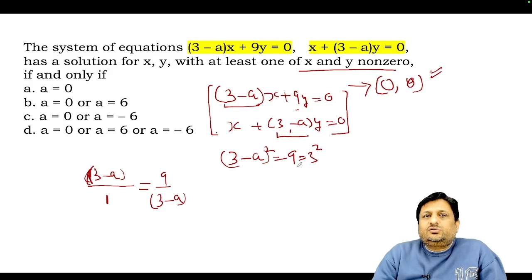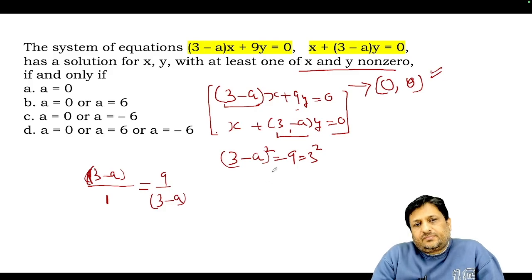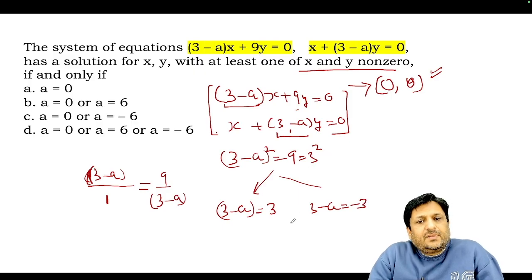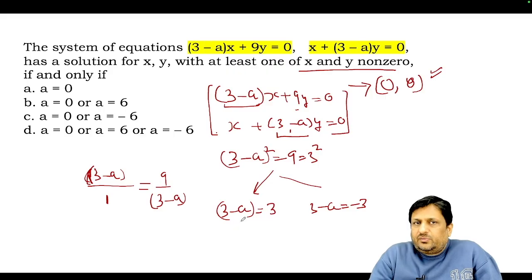So we can deduce two things from here. Maybe 3 minus a is equal to plus 3, or 3 minus a is equal to minus 3, because minus 3 square is also 9. So 3 minus a can be plus 3 or maybe minus 3.